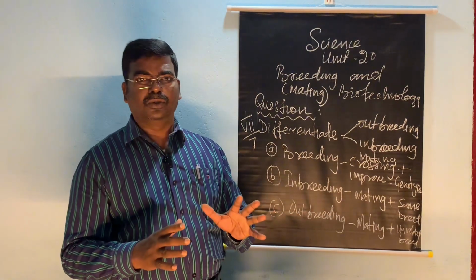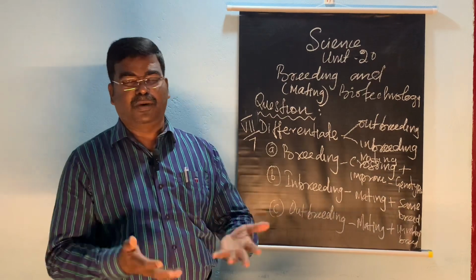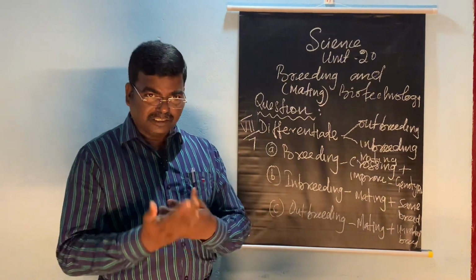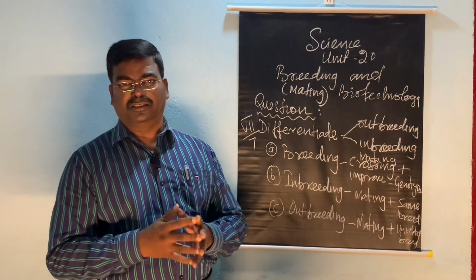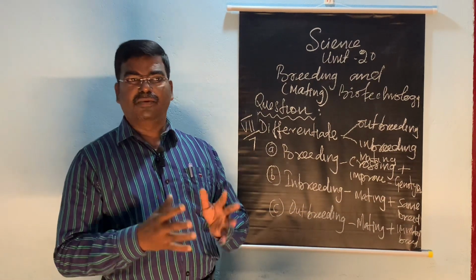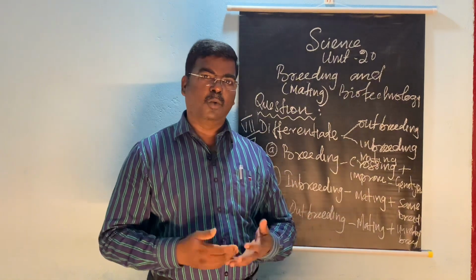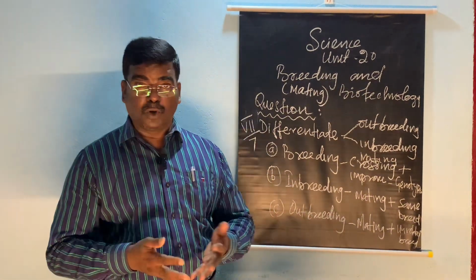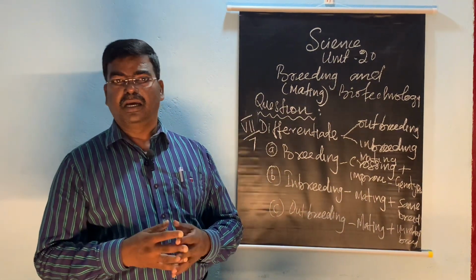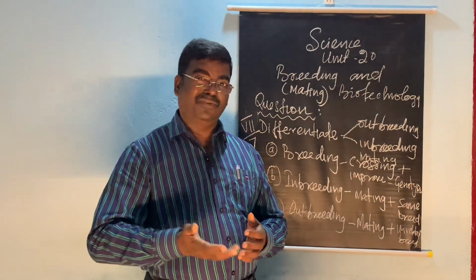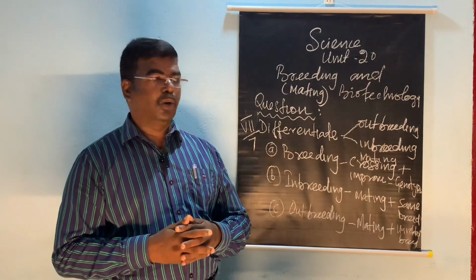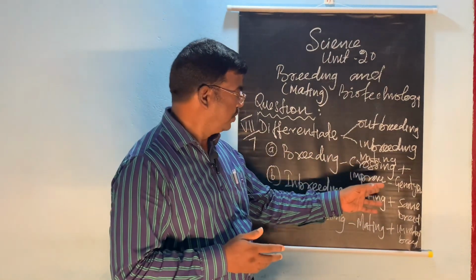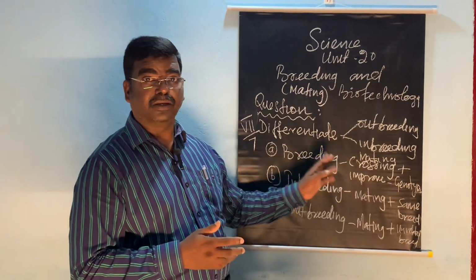They are going to manipulate the gene power. By means of this, they are getting high varieties. High varieties mean they are yielding more milk, laying more eggs, giving much flesh. These are the characters we are going to improve by means of breeding.